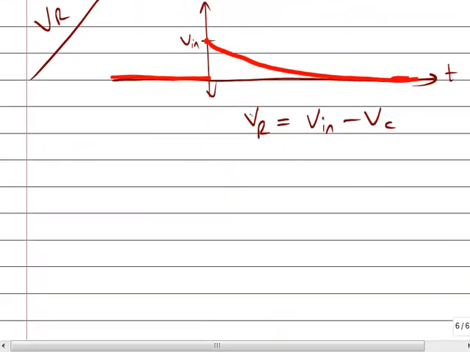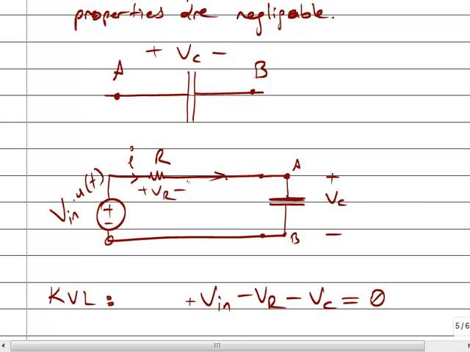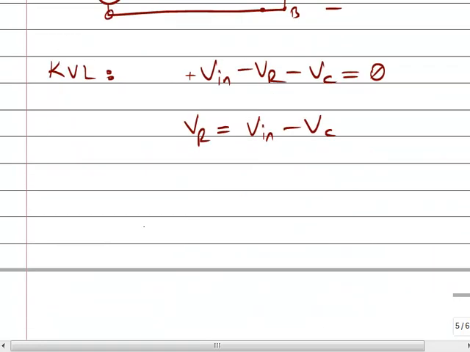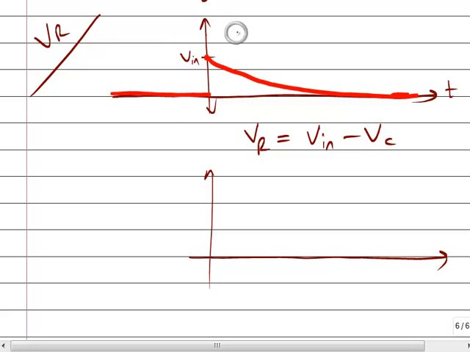Then, can you help me? What's the shape of the current? Okay, what's the shape of this current? As you see, the current of the resistor is equal to the current of the capacitor. So there may be some current on the capacitor. This is the voltage of a resistor.